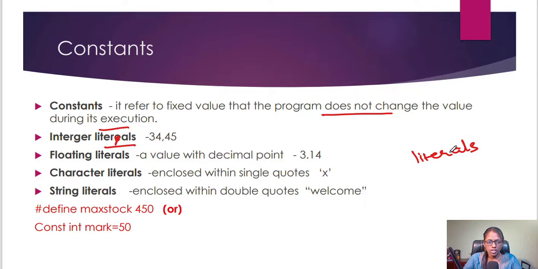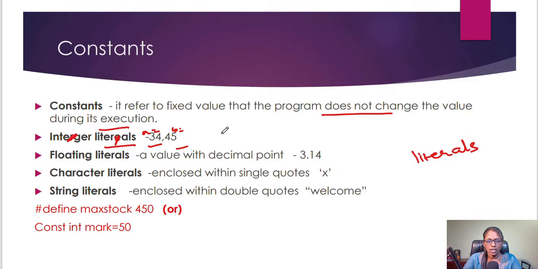There may be integer literals, that is 34, 45. So the A value is always 34 and the B value is always 45. In that situation, you declare that it is an integer literal. And floating literals, a value with a decimal point that does not change during the execution, are called floating literals.